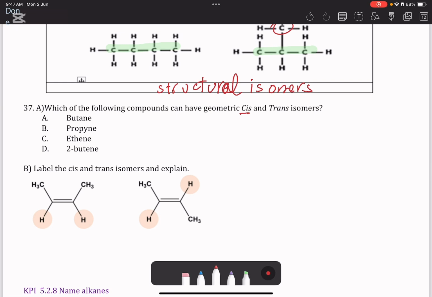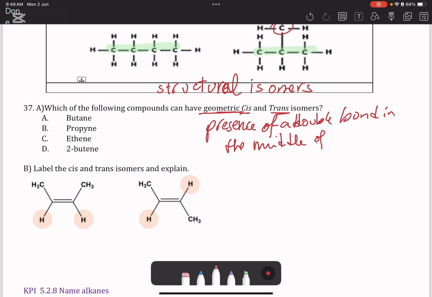Which of the following compounds can be cis and trans isomers? To talk about geometric isomers, we need to have a presence of a double bond in the middle of the carbon chain.